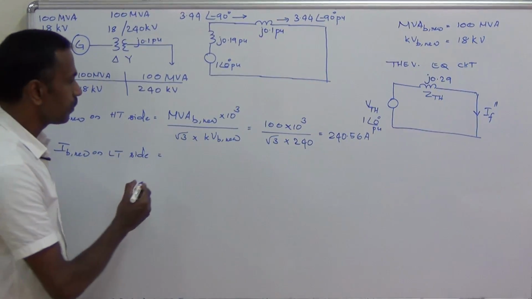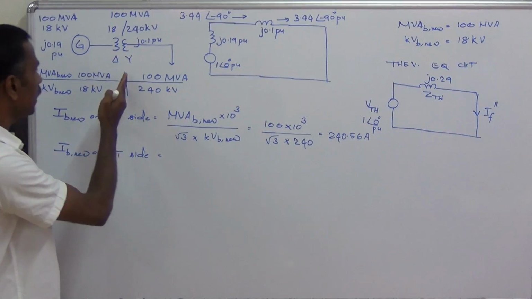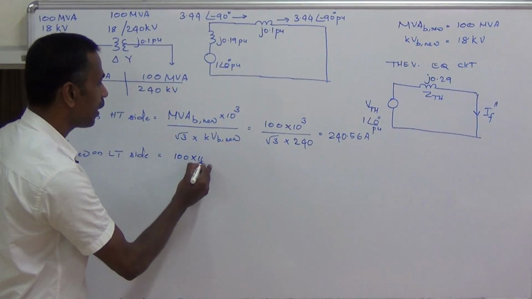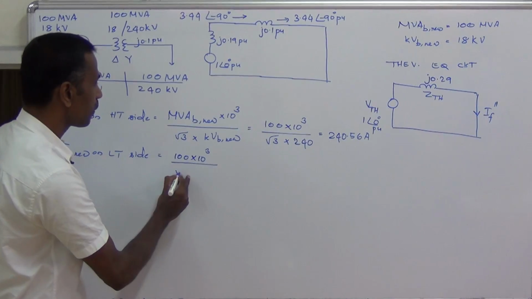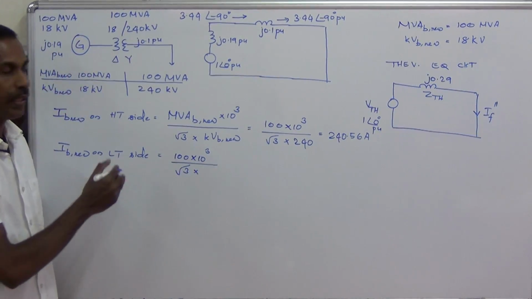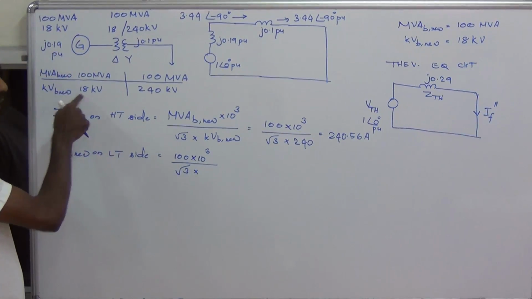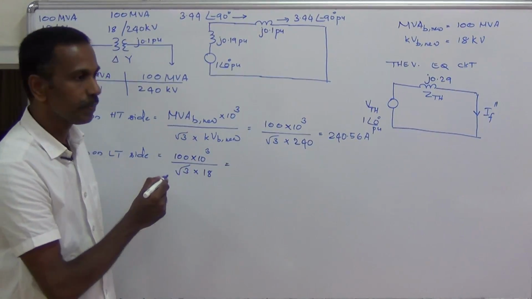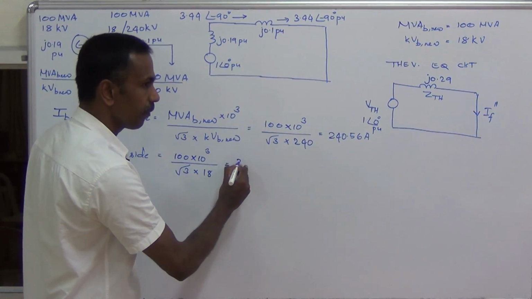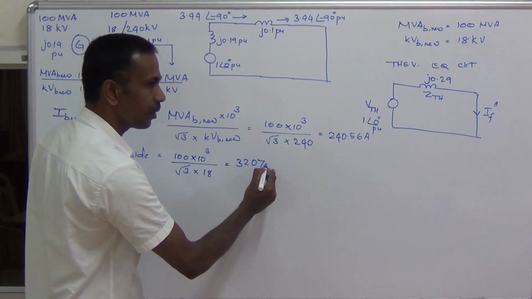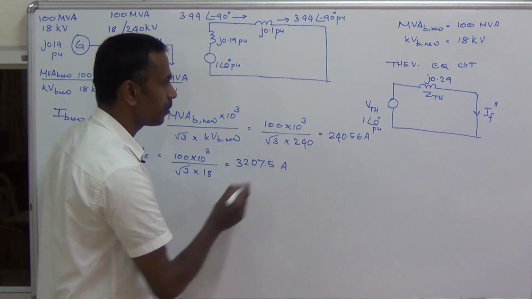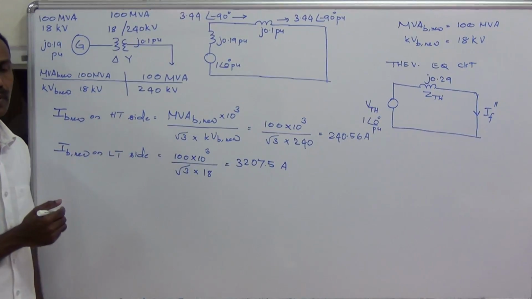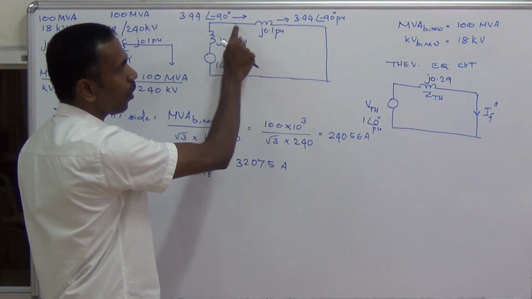This is equal to MVAB new on the low tension side, 100 MVA, into 10 raised to 3 divided by root 3 into kVB new on the low tension side, 18 kilovolt. So this is equal to 3207.5 amperes. Now we have the base currents on both sides of the transformer. The per unit current is the same on both sides.